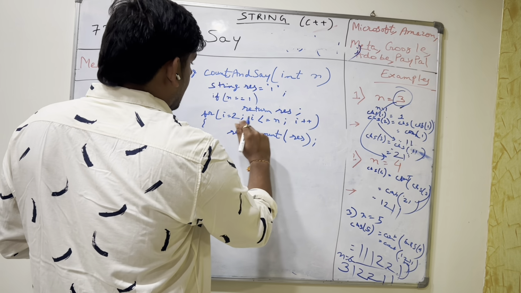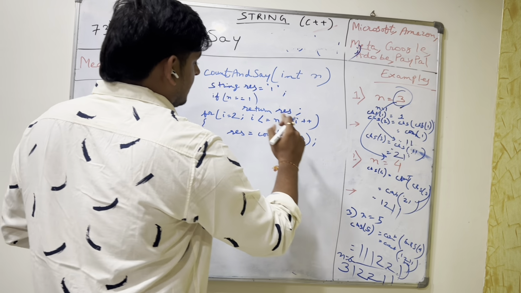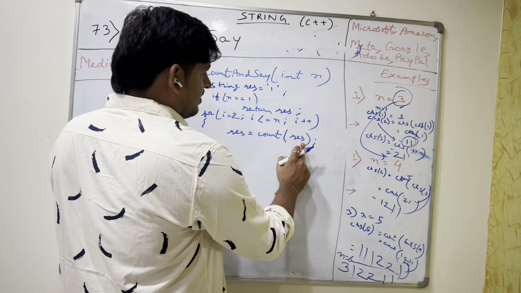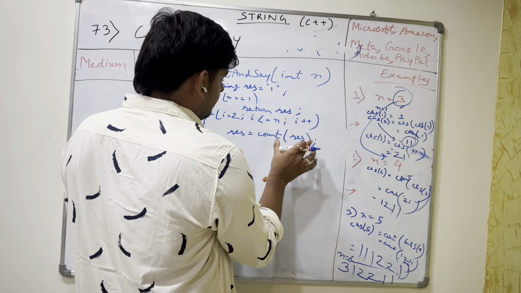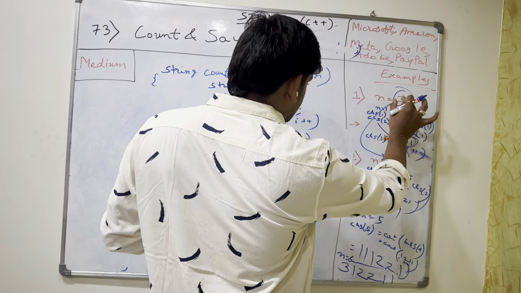When we say this, then again it will go to 3. So for the count and say of 3, we will count the result, the 2 value, this 1 1. So this 1 1 that we have got here as result will go again here and this will count it, and it will return 2 1. So for n equal to 3, 2 1 would be returned.